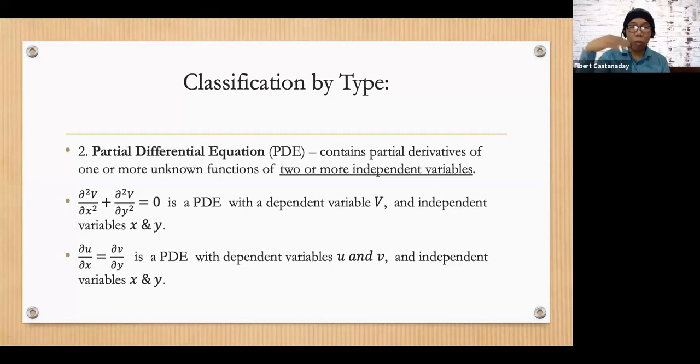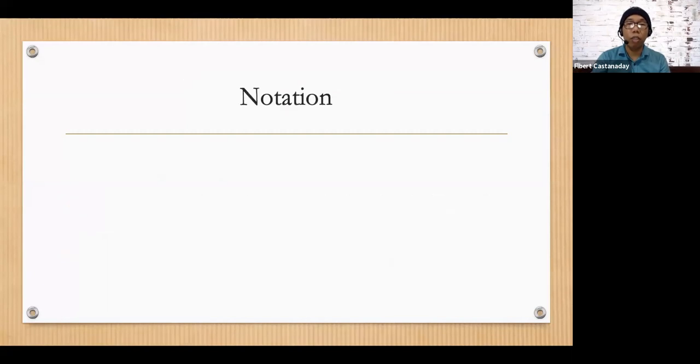Most of the time we'll be dealing with ordinary differential equations. Now we go to the notations. We either use the Leibniz notation. An example of this is dy over dx. For the second derivative, we write it in this format, the second derivative of y with respect to x, and the third derivative of y with respect to x.